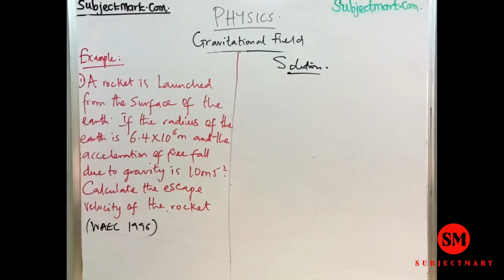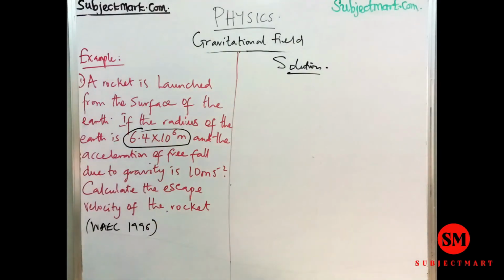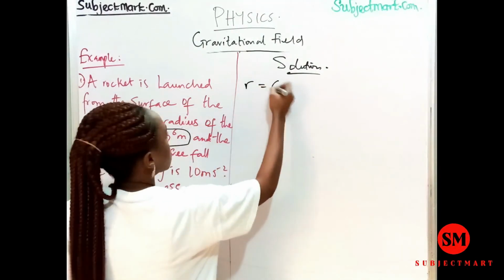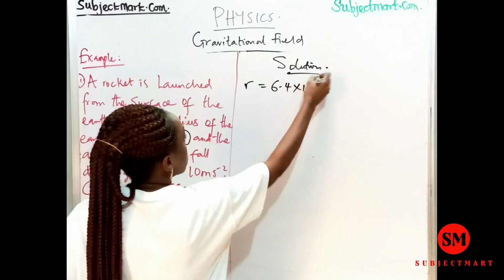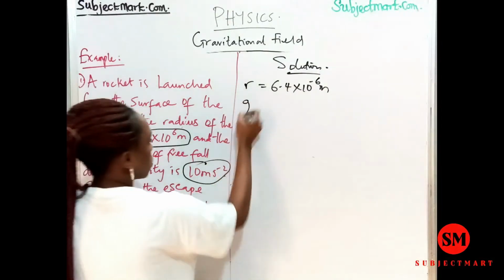So a quick example on that is this. A rocket is launched from the surface of the Earth. If the radius of the Earth is 6.4 times 10 raised to the power 6 meters, so we have our radius to be 6.4 times 10 raised to the power 6 meters, and the acceleration of free fall due to gravity is g, which is 10 meters per second squared.